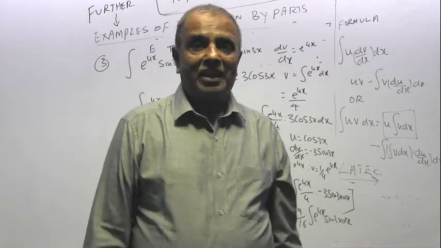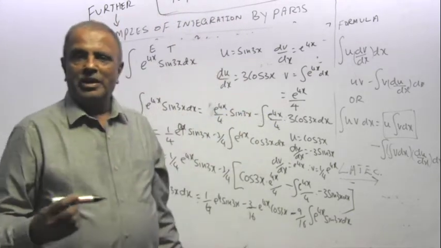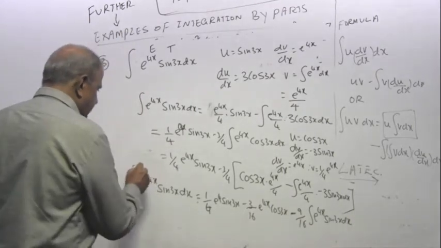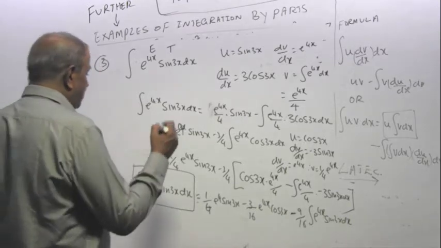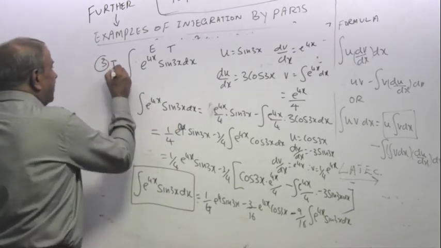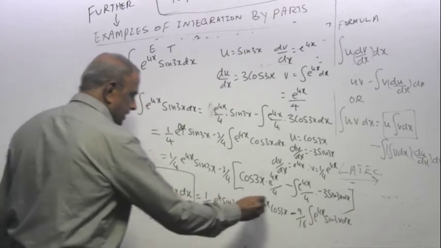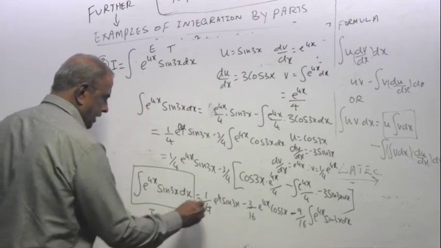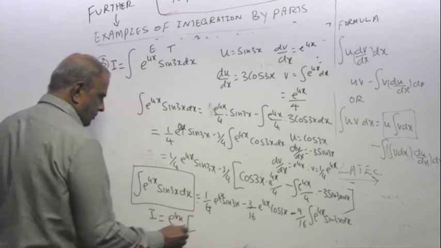I'm stuck, aren't I? This method, which I'm showing you now, is called the method of reduction. What is this? Integral e power 4x sine 3x. Suppose I call this I. So can I say I equals, between these two, can I remove e power 4x over 16 as a common factor?